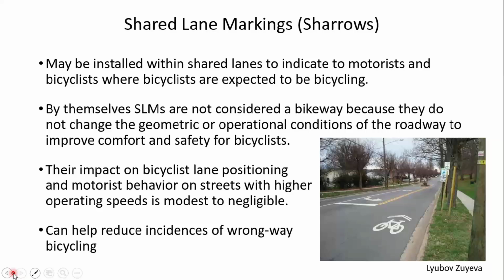By themselves, shared lane markings are not considered a bikeway because they do not change the geometric or operating conditions of the roadway to improve comfort and safety for bicyclists. Their impact on bicyclist lane positioning and motorist behavior on streets with higher operating speeds is moderate to negligible. But they can help reduce incidences of wrong-way bicycling.